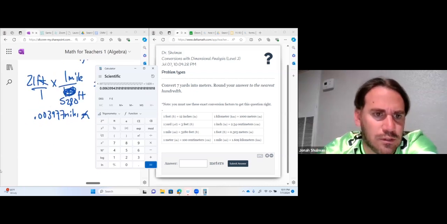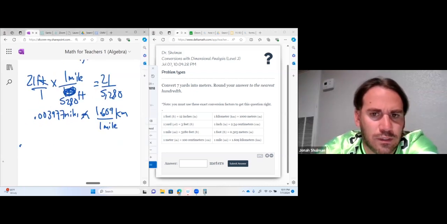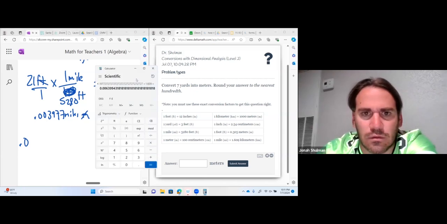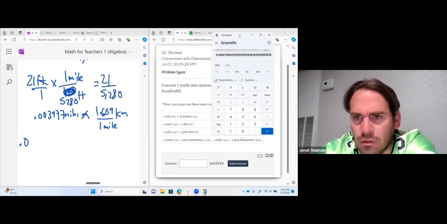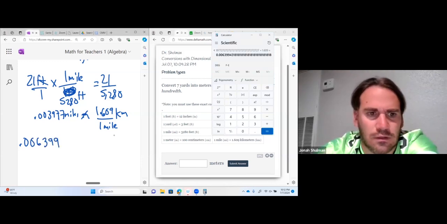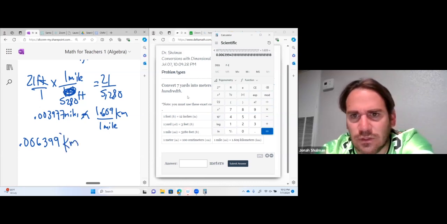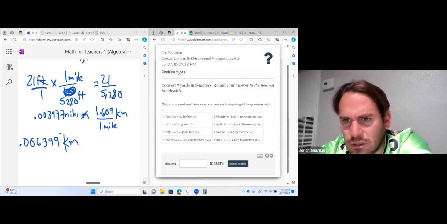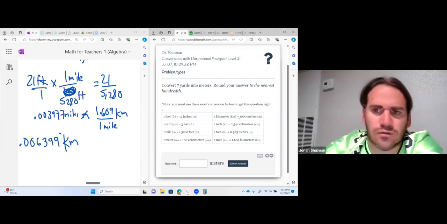So now our kilometers is 0.006399 kilometers. And we want finally the 7 yards into meters. And we know 1 kilometer is 1,000 meters.